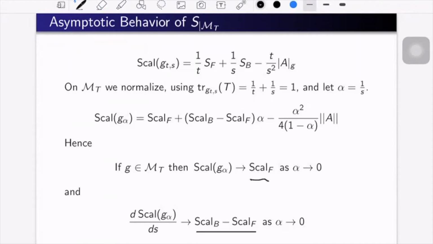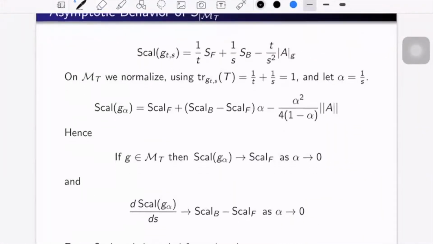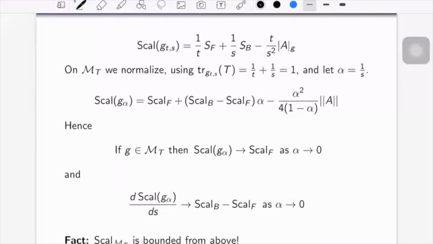Okay. Let's take a look at an example where one can see these features both in the Einstein case and in the case of prescribing the Ricci tensor. Sorry, first a comment I forgot to make: it's not hard to see that the scalar curvature is always bounded from above, unlike in the Einstein case.